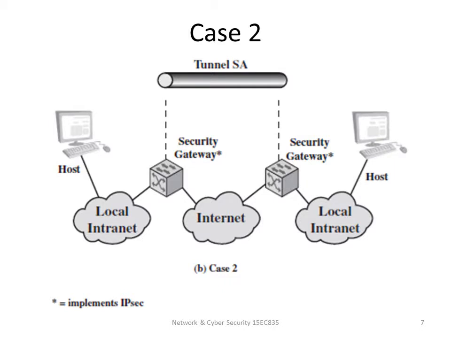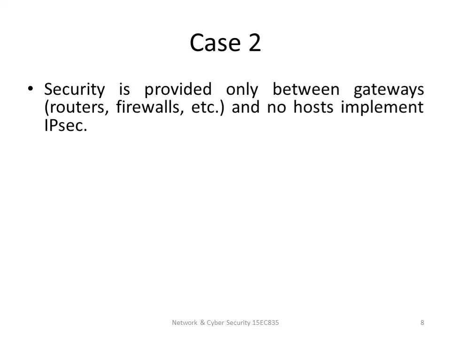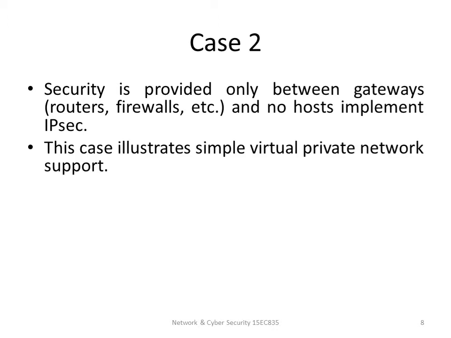In case 2, we observe that the security is provided between the security gateways, that is, the security gateway implements IPsec, and not between the end systems. In case 2, security is provided only between gateways, that is routers, firewalls, etc., and no hosts implement IPsec.